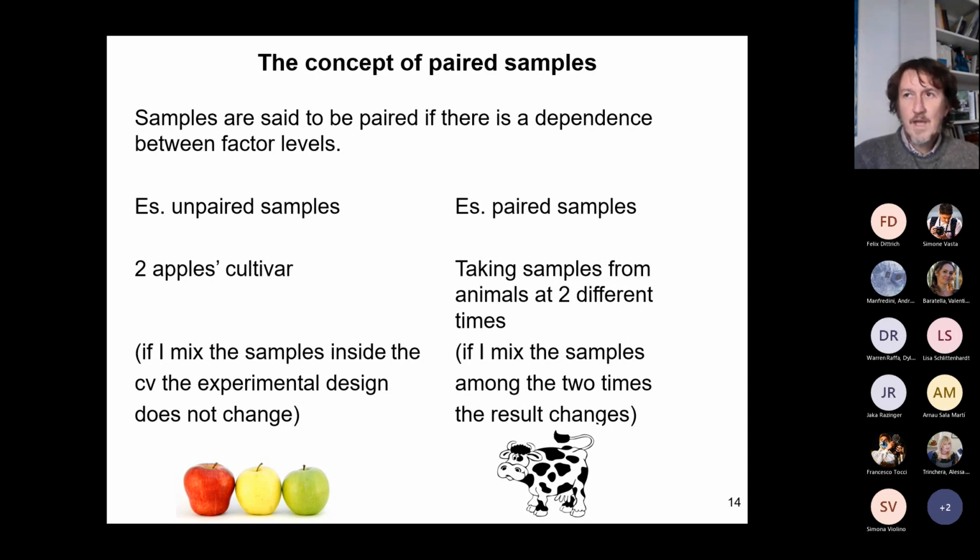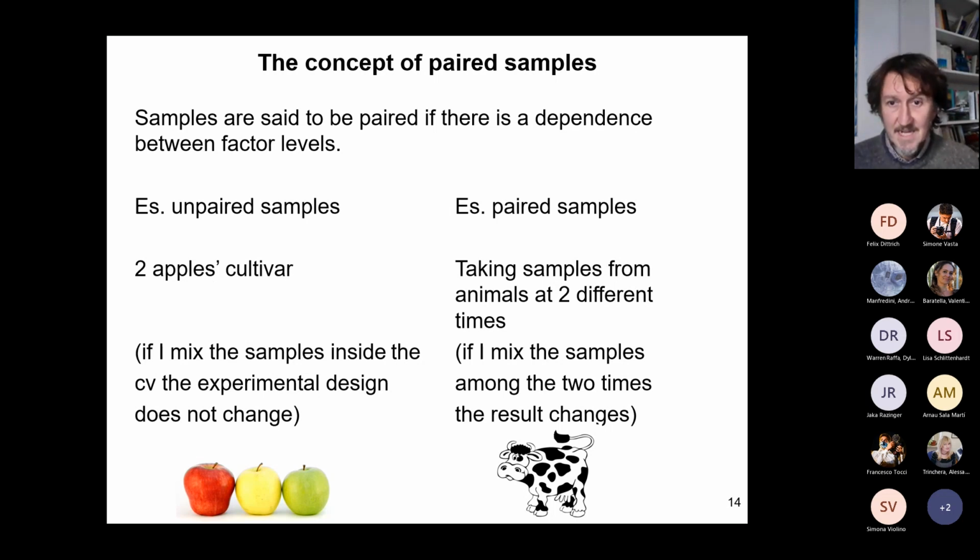For example, if we have two cultivars of apples and we have 100 apples for each cultivar, if we mix the order of the apples within the same cultivar, it doesn't matter.